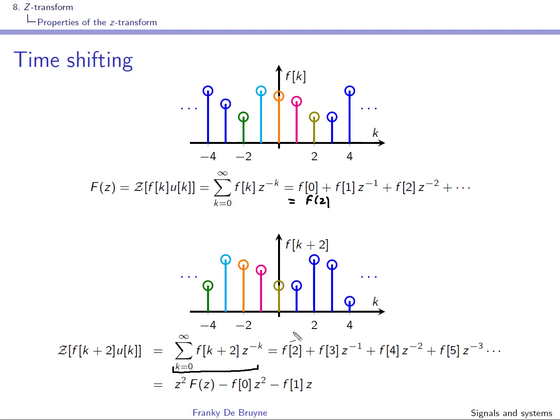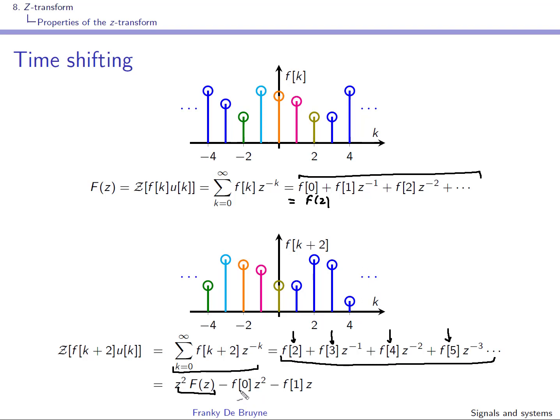Again, we consider the terms k is equal to 0, k is equal to 1, k is equal to 2, and k is equal to 3, and of course you can go on. Observe that you can obtain what is over here by taking what is over here and multiplying by z square, except that you'll have two additional terms that are not in here.